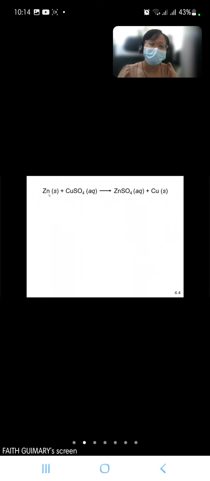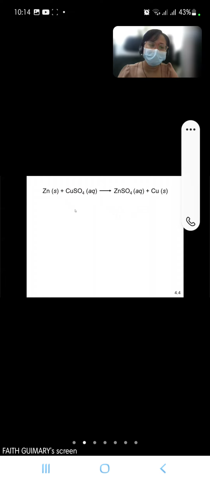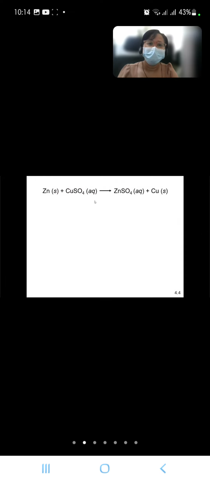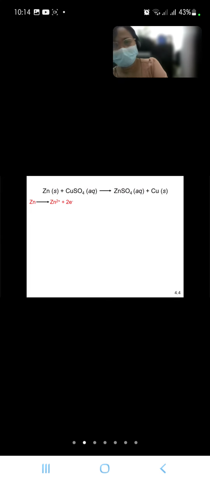In this equation, zinc reacts with aqueous copper 2 sulfate to produce zinc sulfate and copper. So first, we need to determine which undergoes reduction and which undergoes oxidation.